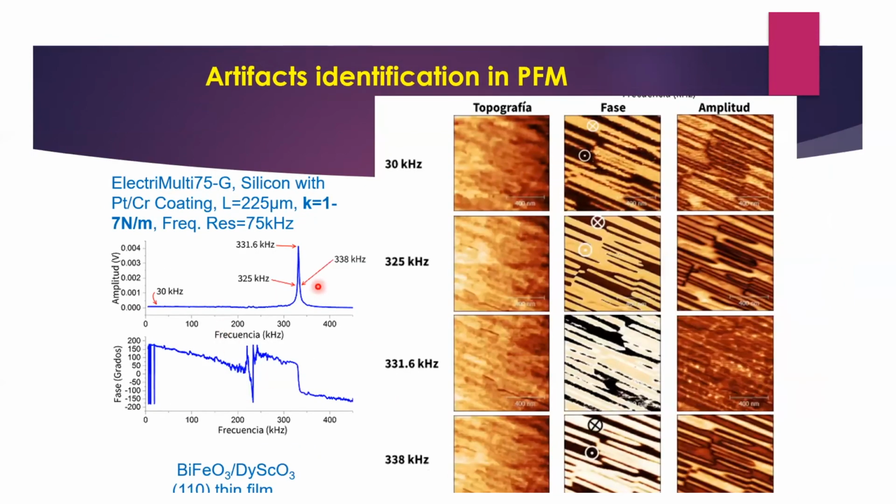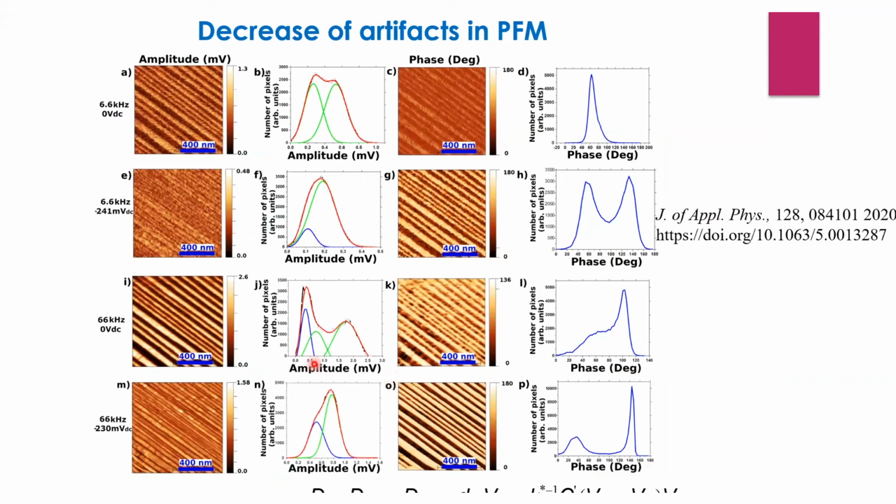If you use a stiff tip, you can use the typical PFM, and you can use the resonance PFM to obtain a good PFM image in ferroelectric materials. And if you use an additional DC voltage, you can compensate this voltage, and you can avoid this part that is the electrostatic influence in the PFM measurements.